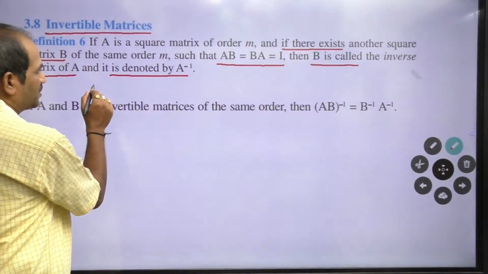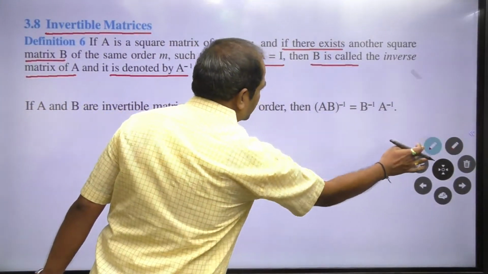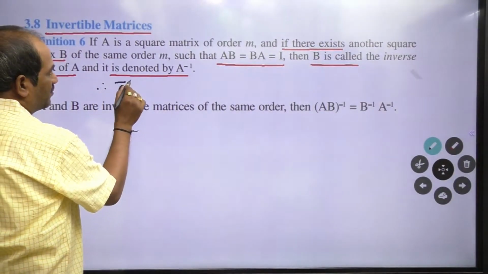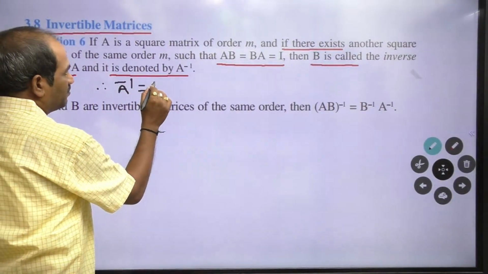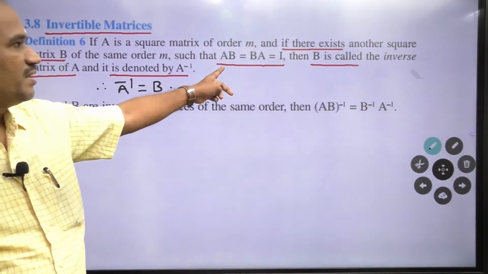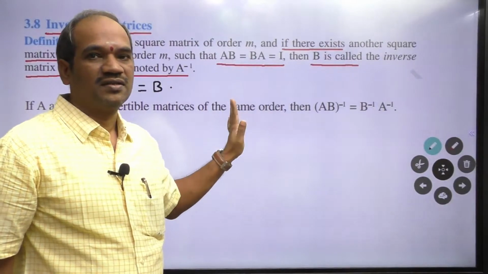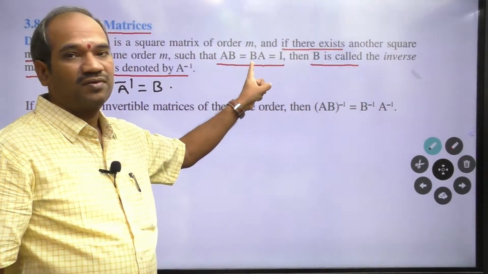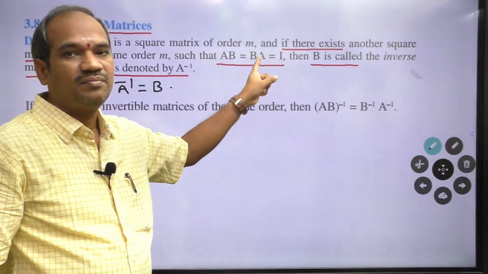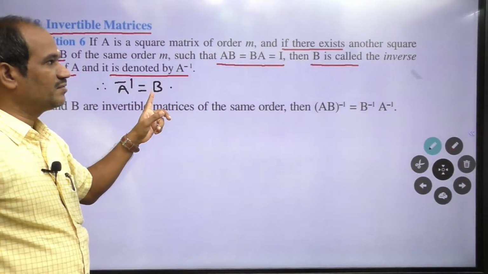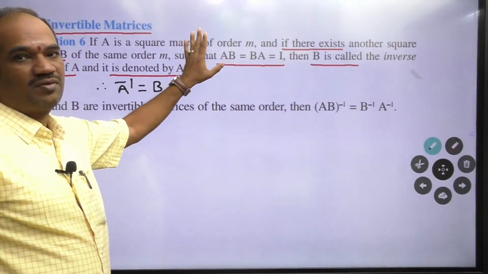Therefore A inverse is equal to B. This is the definition: if AB is equal to I, then B is the inverse of A, or if BA is equal to I, B is the inverse of A. So A inverse is equal to B. This is the invertible matrix definition.